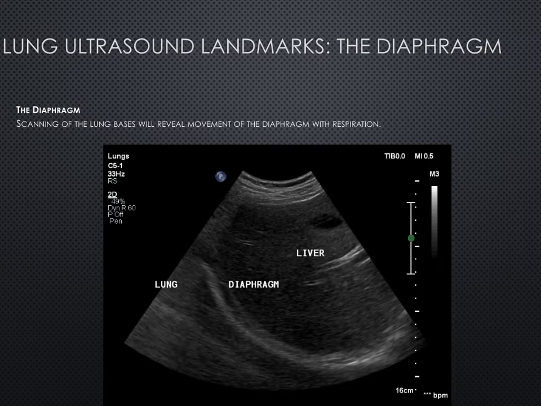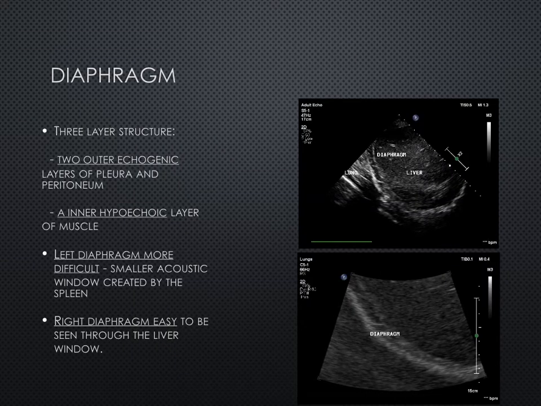Looking at the diaphragm as a structure, what we will see with our ultrasound is that the diaphragm is actually made up of three very distinct structures that you can visualize quite clearly.